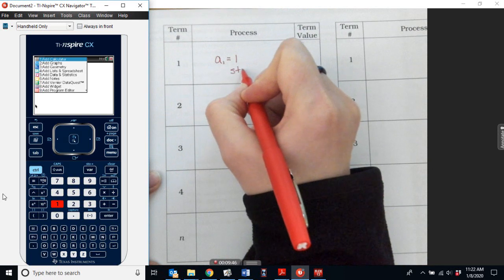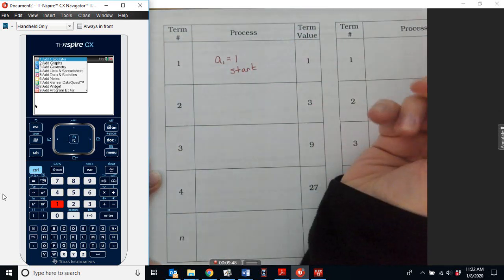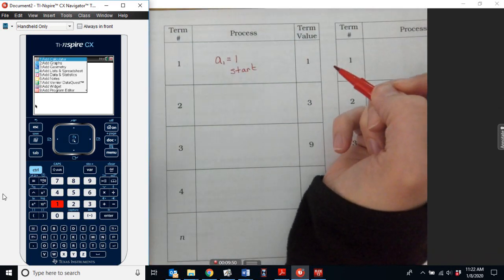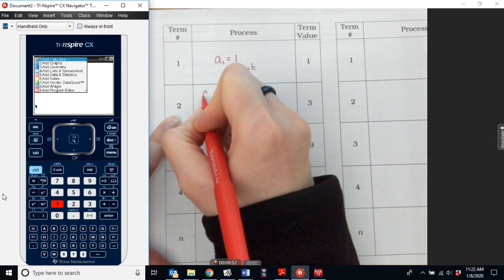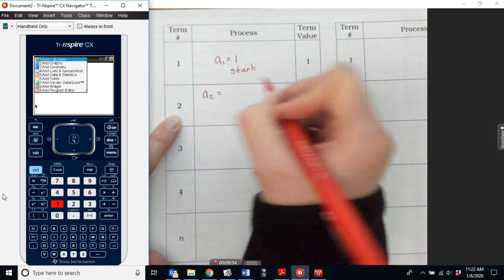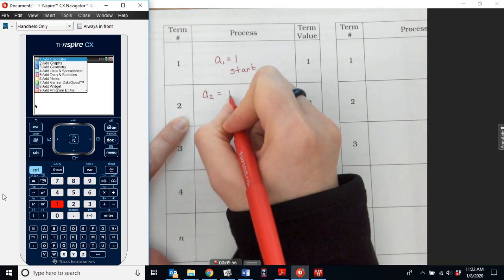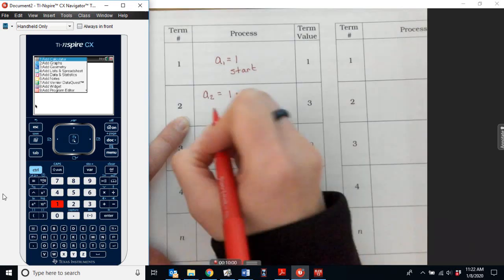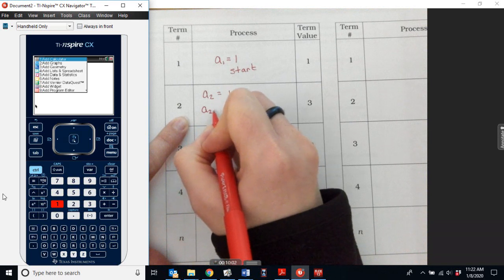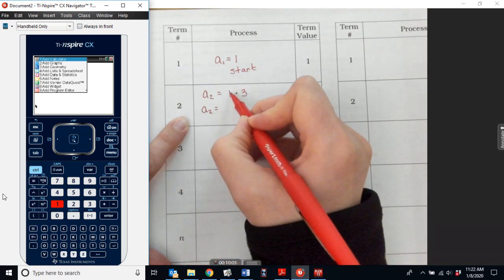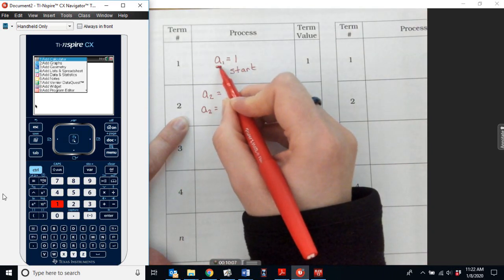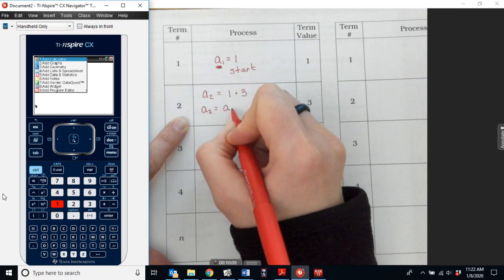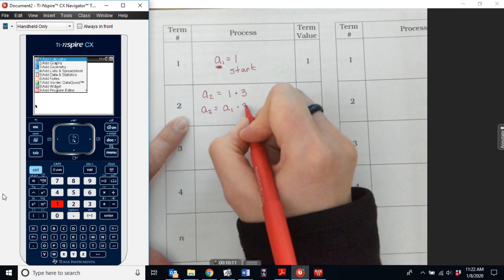This is where we start. And then to get a of 2, I take my first thing and I multiply by 3. So I'm going to put the notation in there. A of 2 is really 1. 1 is my A of 1 times 3.